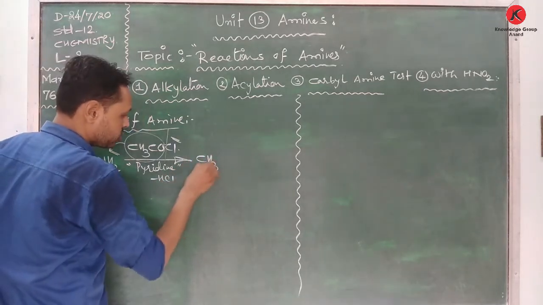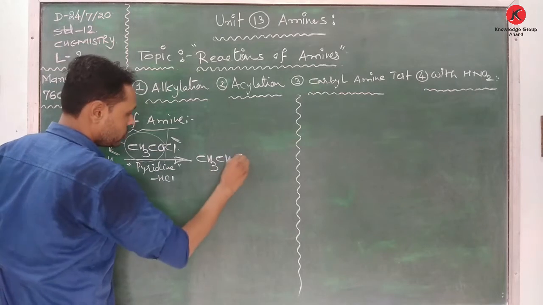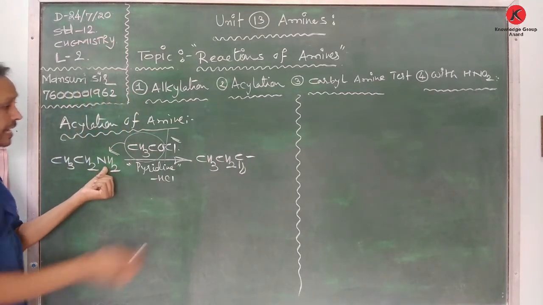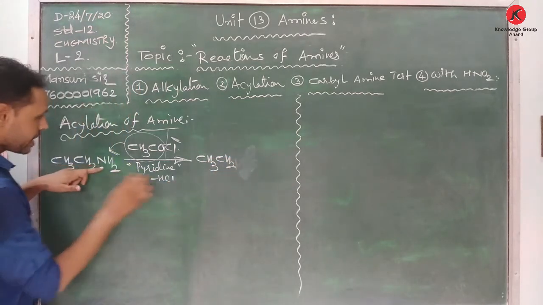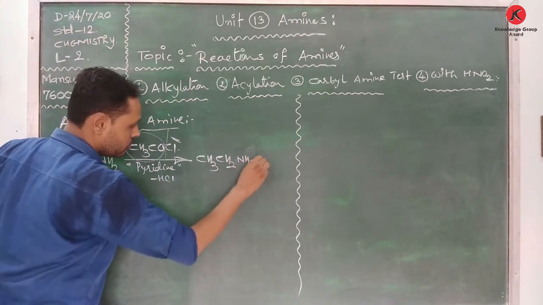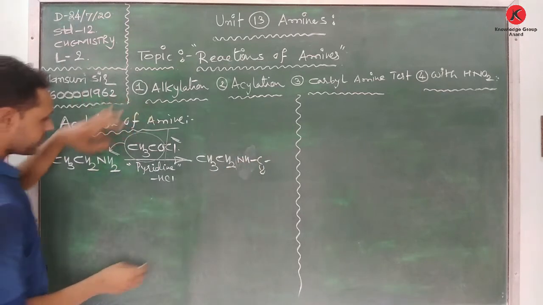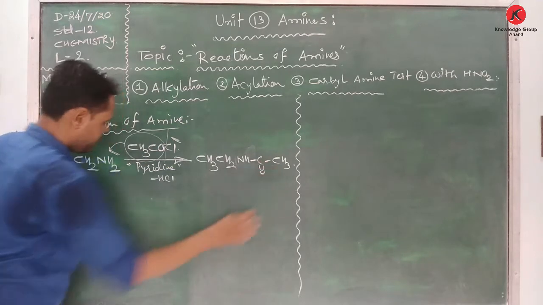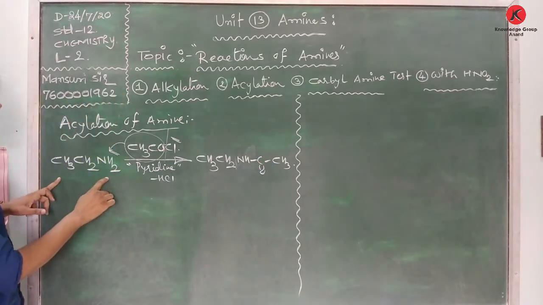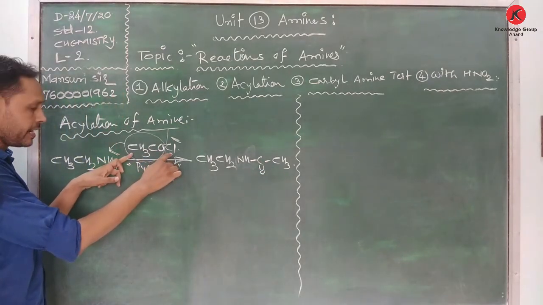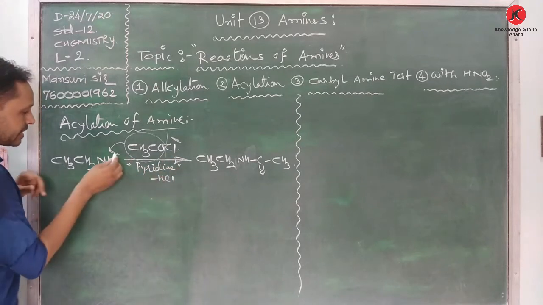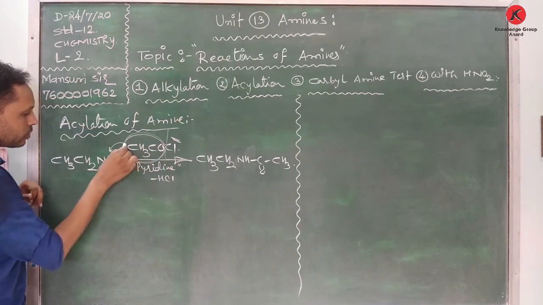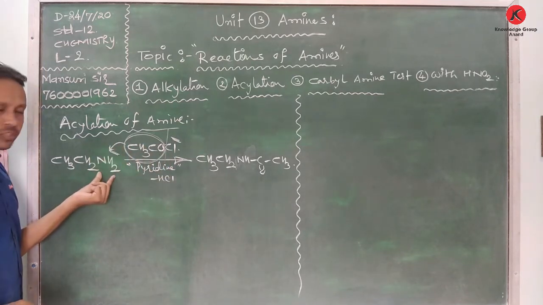So CH3CH2NHCOCH3. When ethanamine reacts with ethanoyl chloride in presence of pyridine, HCl will be removed and this acyl group will be attached with the nitrogen.